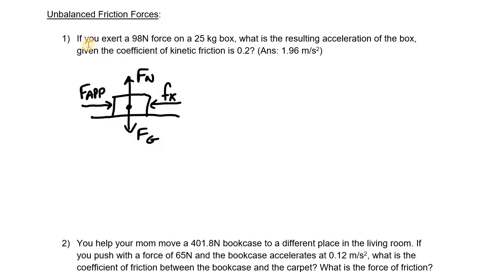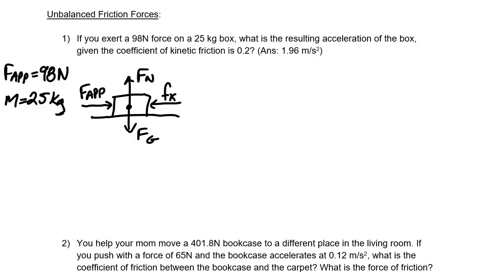It says if you exert a 98 Newton force. What is that 98 Newton force telling us? What kind of force is that? Okay, and what is this 25 kilograms telling us? All right, and it's asking us what is the resultant acceleration of the box.